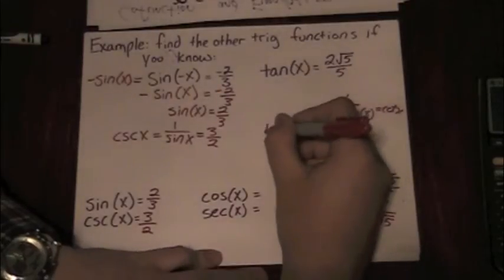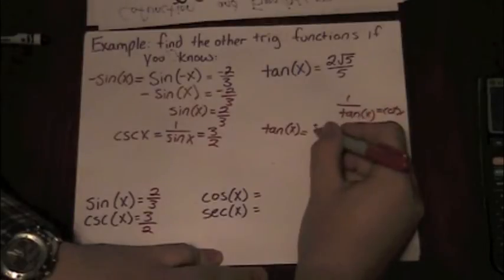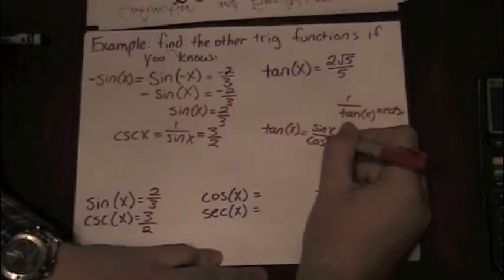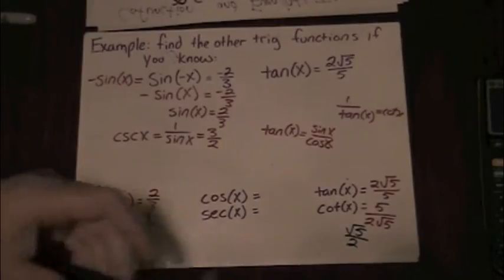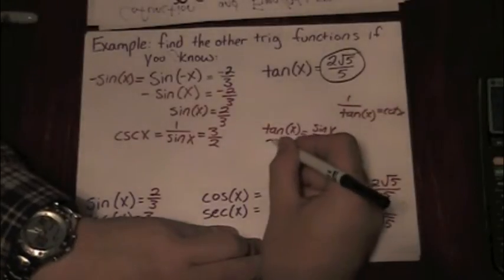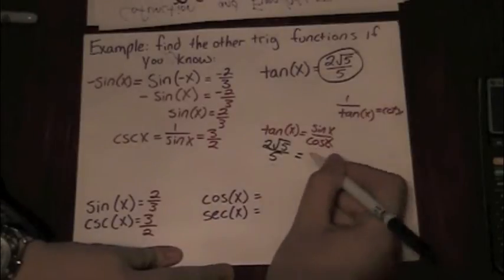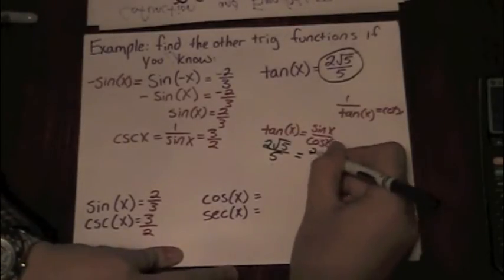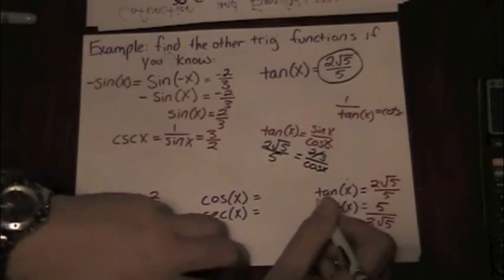We know that the tangent of x equals the sine over the cosine of the same angle. In this case, we know both the tangent, 2 square roots of 5 over 5, and we know the sine, which is 2 over 3, but we don't know cosine of the angle.